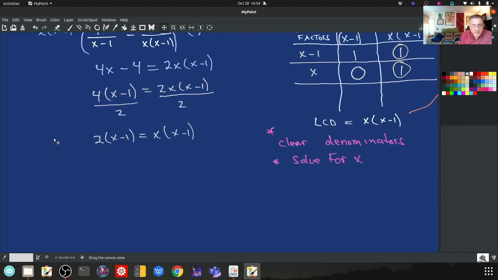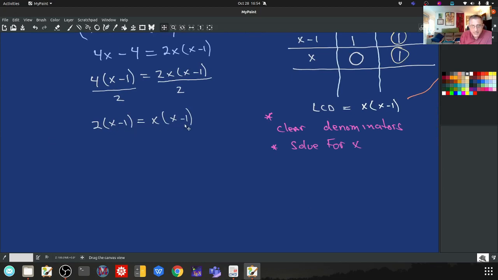And I'm noticing that I have a factor of x minus 1, and that's making me happy. So I'm going to move everything to one side. So I'm going to move the x times x minus 1 over. And that means that's a 0. And I'm noticing the common factor of x minus 1.